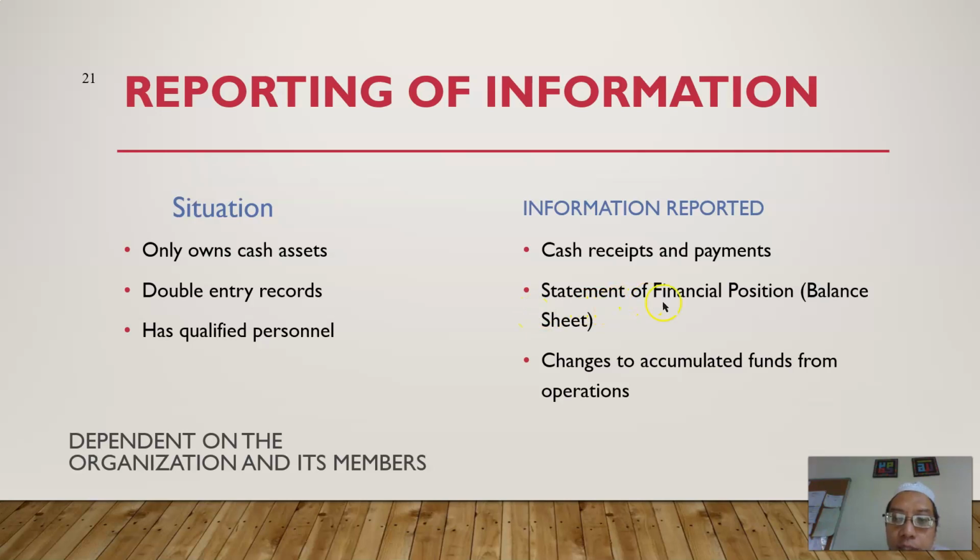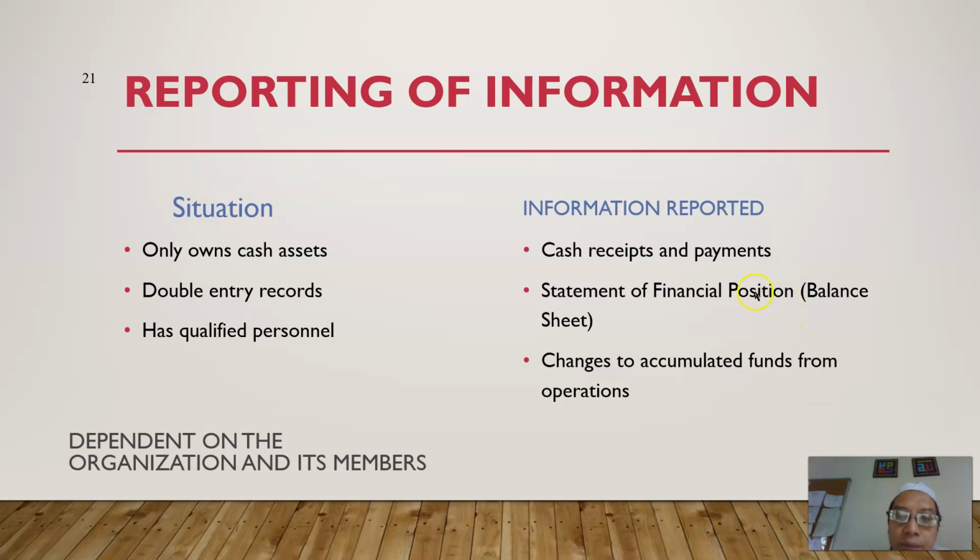What is a statement of financial position? Basically, it is very similar to the balance sheet for profit organizations. We have seen examples of balance sheets for sole proprietorship, for partnership, for corporations. So the same type of information will be shown in the statement of financial position of the non-profit organization.